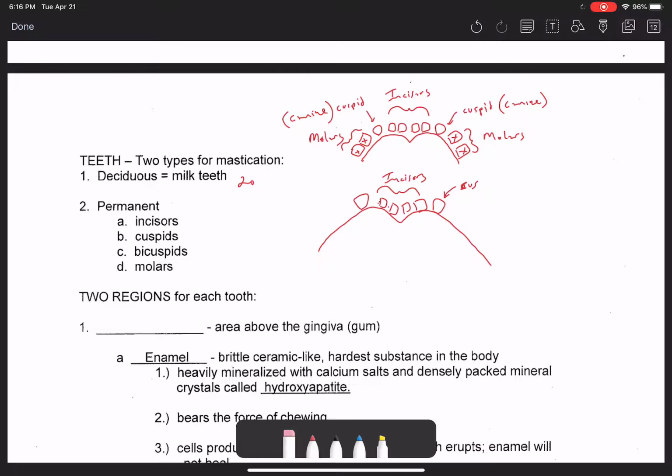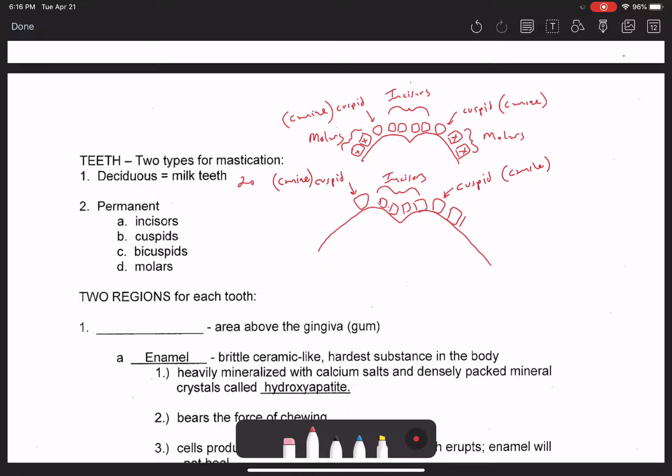Actually, accidentally wrote S instead of C there. And then lateral to that, we're going to have 2 bicuspids on either side.